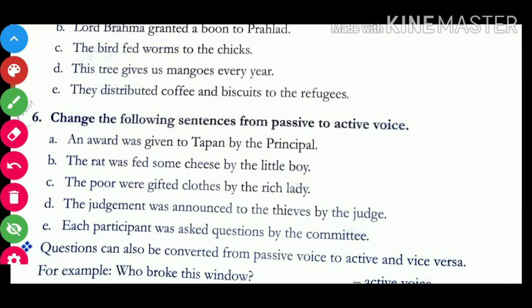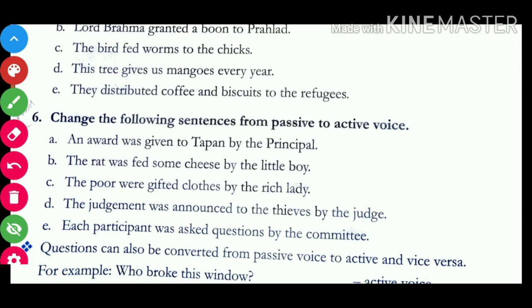Next, इसी का the little boy fed some cheese to the rat. Next, the poor were gifted clothes by the rich lady.